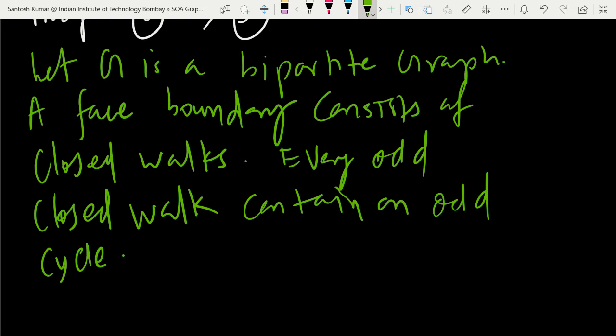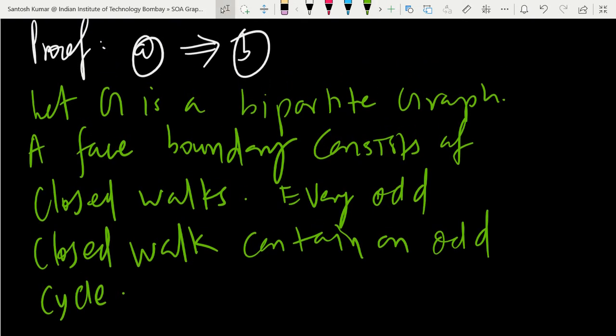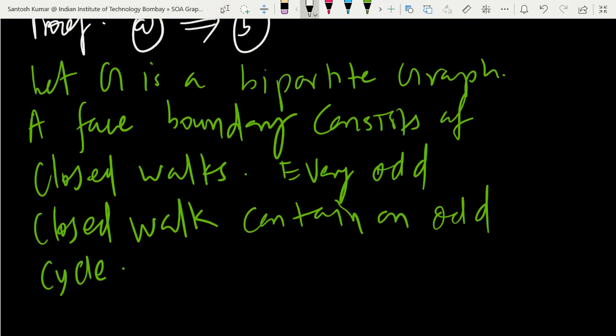Excuse me, sir. Yes. Sir, please explain this line. Okay, so take any closed walk of odd length. In the first line, we assume G is a bipartite graph. This is the assumption, and we will use it later on.